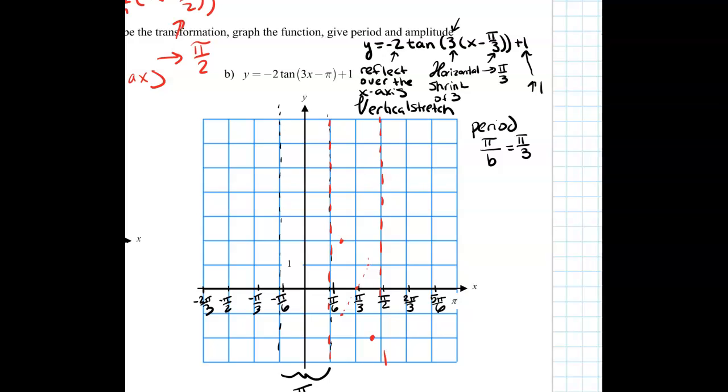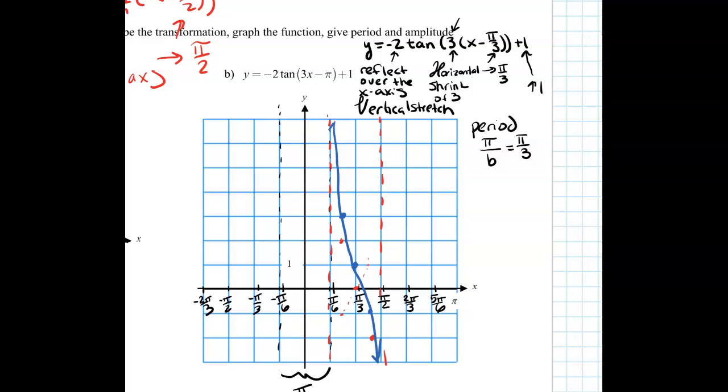The last thing I need to do is shift everything up 1. So all of my points, the whole whopping 3 points that we have to deal with, since asymptotes aren't affected by shifting up and down or vertical stretches or shrinks. Shifting all of my points finally up 1, my graph should look something like this.